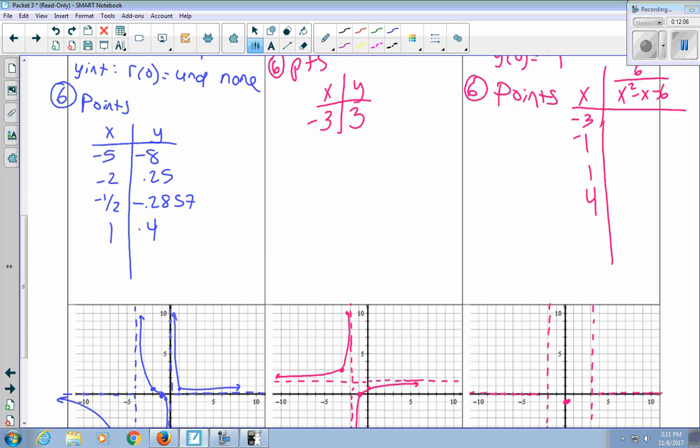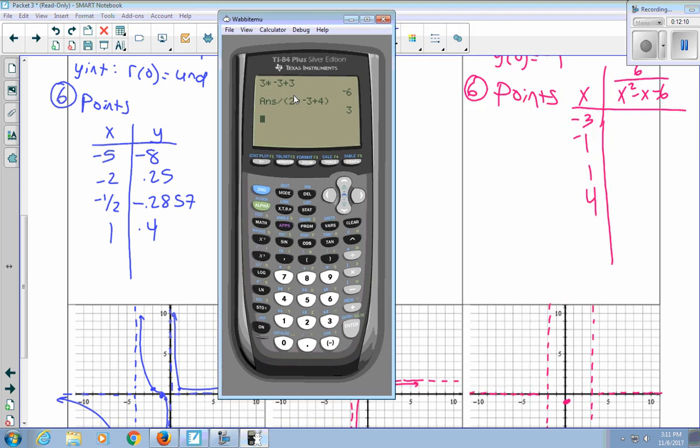All right, I'll have my calculator do these values for me. -3, -1, 1, and 4. The values are 1, -1.5, -1, 1.